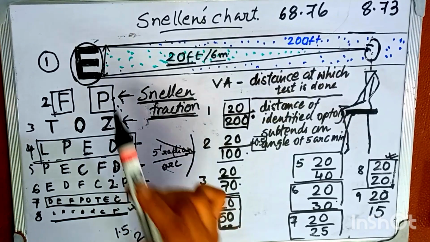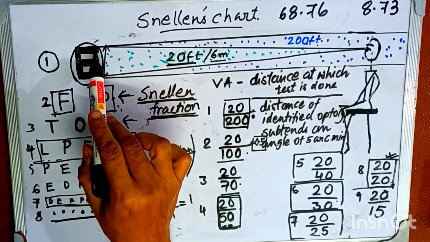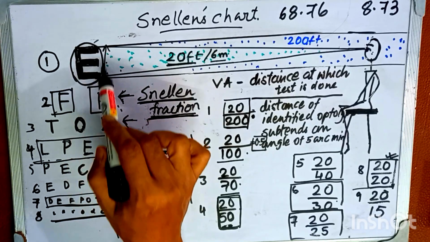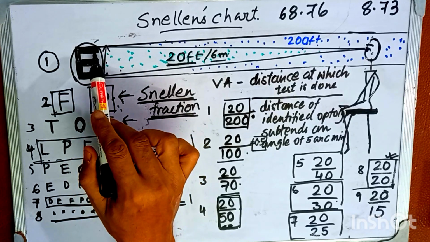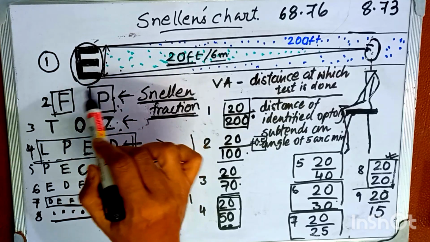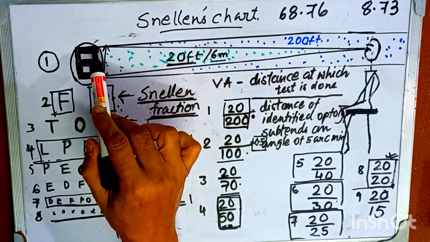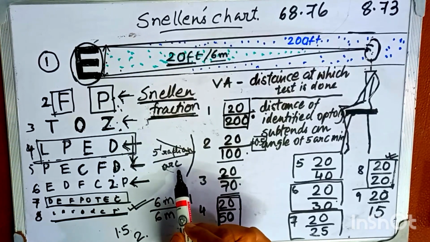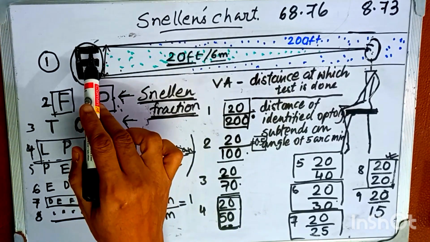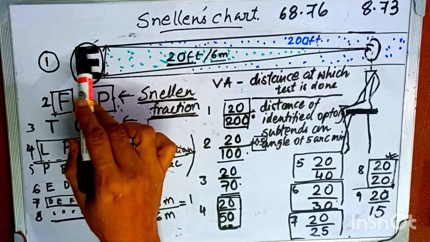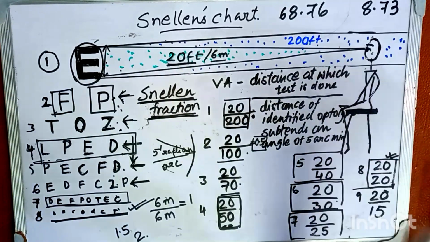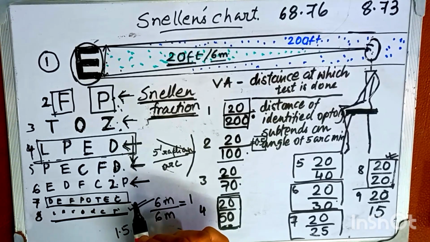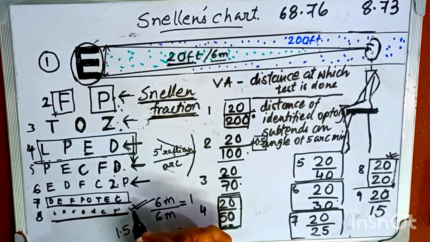So if this is a 200 feet optotype, this largest letter of the Snellen's chart should subtend an angle of 5-minute arc in the retina when the subject is sitting 200 feet away. Similarly, take the 20 feet optotype, this last line.